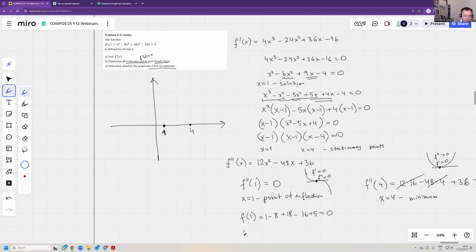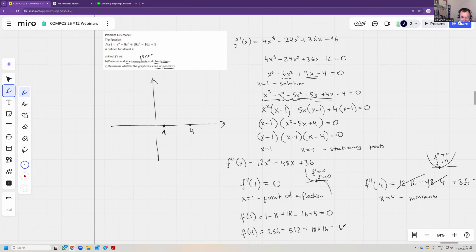And f of 4, and we just substitute 4. 4 to the power 4 is 256, minus 2 times 512. Okay, not too bad. Plus 18 times 16.